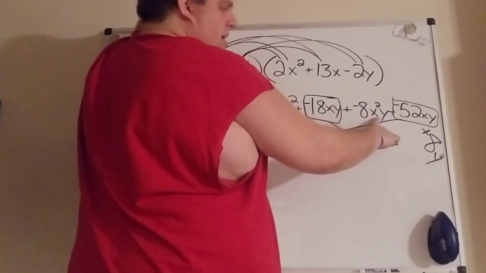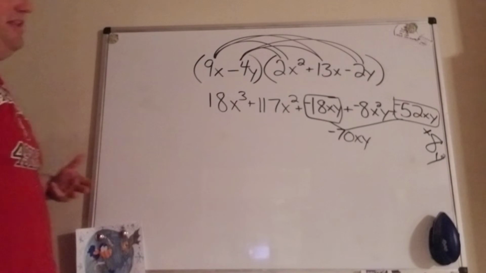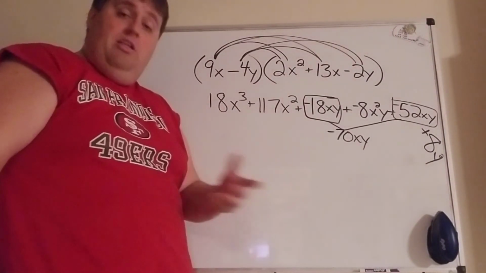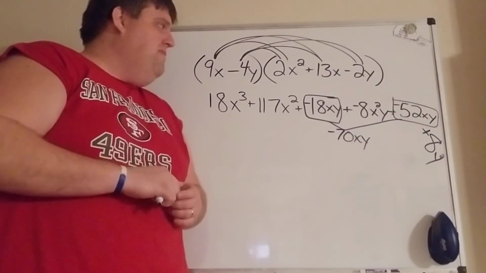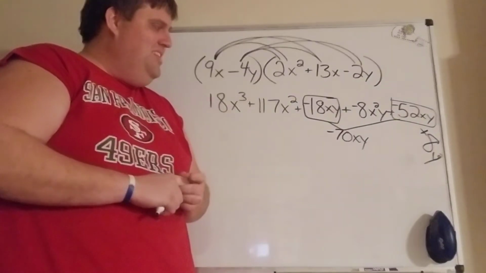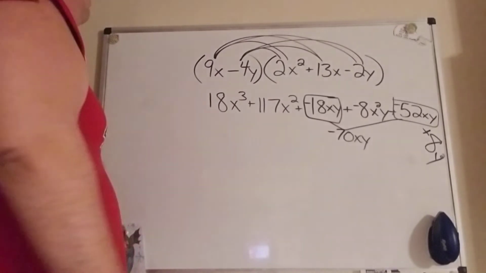I don't have another x squared y, and I don't have another y squared. So in this case, I kind of made it that way, but it's going to turn out that we only have one set of like terms. You might have a bunch, right? Especially if you did a trinomial and a trinomial, there's going to be a lot of terms. So you might have a lot of like terms here. You've got to be really careful when you're adding them together.